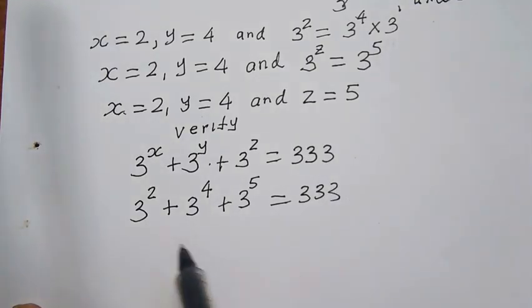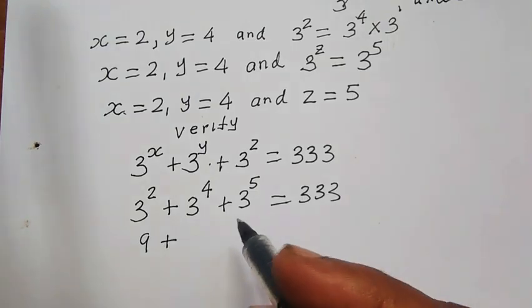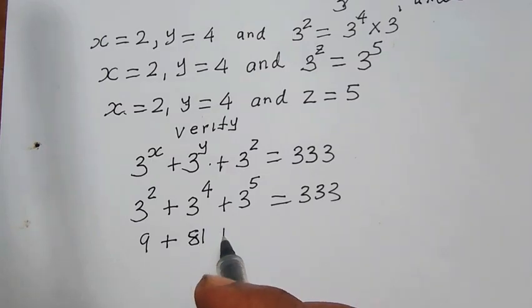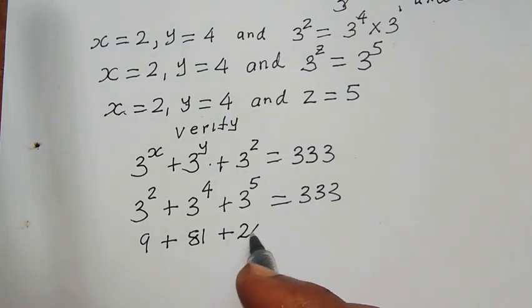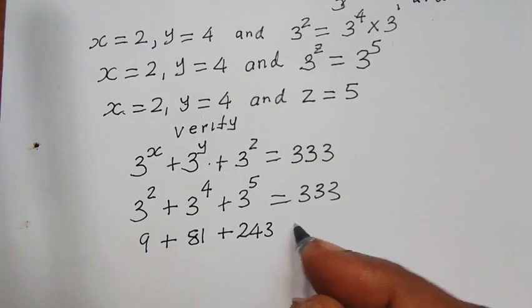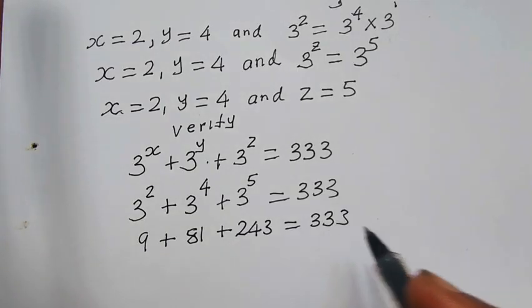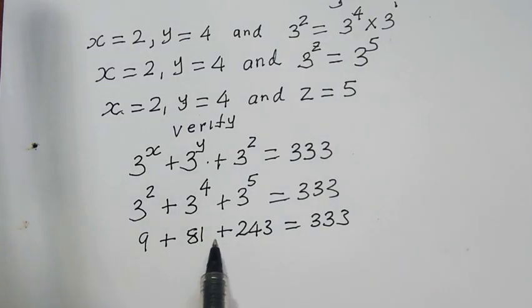We know 3 raised to power 2, this is 9. 3 raised to power 4, this is 81. And 3 raised to power 5, this is 243. Is equal to 333. Add 9 with 81. We get 90.